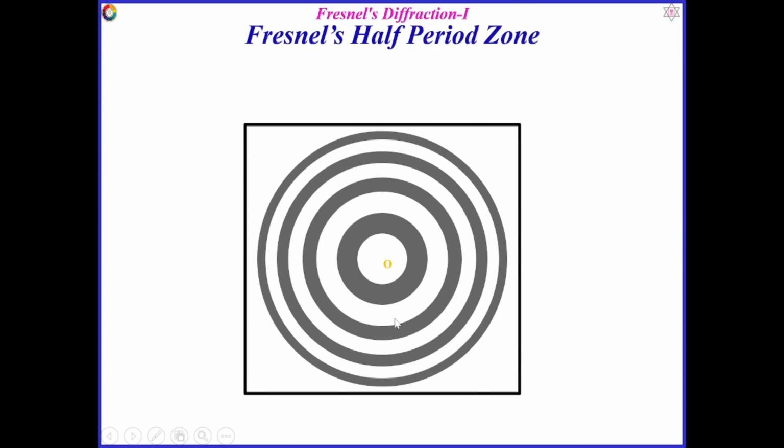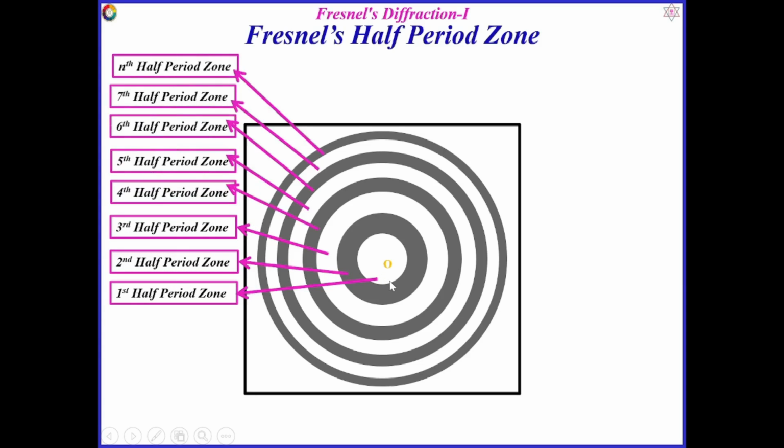Now here we constructed the Fresnel's half period zones. The center one is your first half period zone, then the dark patch or dark strip is called your second half period zone. This one is your third, fourth, fifth and so on. Here this is the center for all the zones, as these are circular zones, and from the center we can calculate the radius. So this will be the first half period zone, second, third, fourth and so on.